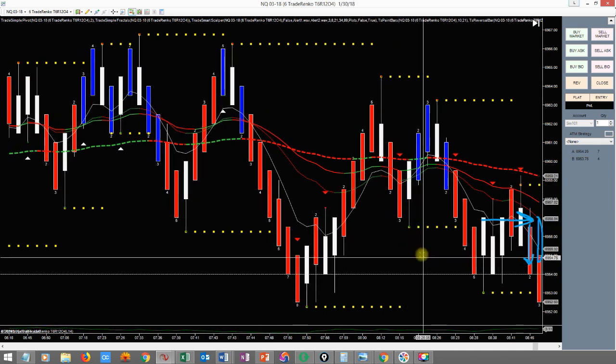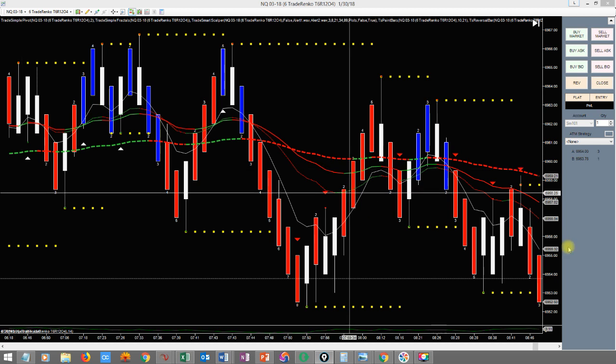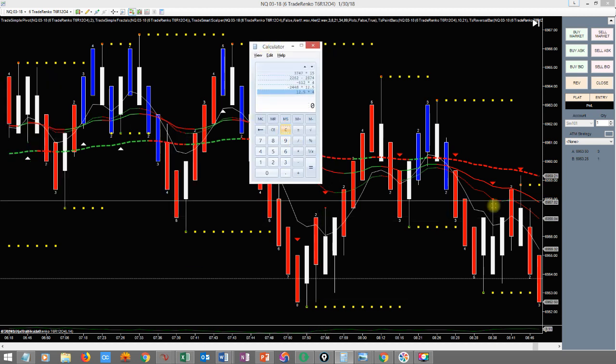Let me just erase this. Let's do a little math here on how much you could potentially make. Let's say you have $2,000 in your account. You're technically able to trade 4 contracts of the Nasdaq. However, we don't recommend that. If you're trading with 4,000, you can trade with 2 contracts.